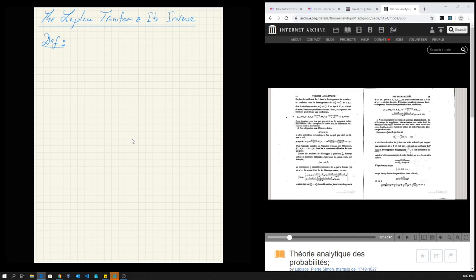This happened in 1785 when he made that breakthrough, and that's why Laplace gets basically the lion's share of the credit for doing this. But actually, his version of the Laplace transform that's in this book is very different from the way we're going to use it.